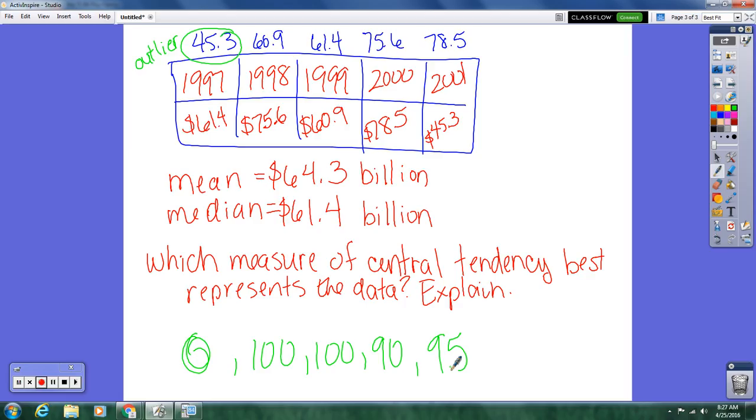If I do the median of these numbers, if I put them in order, is the median more representative of that total data set than the mean? Yes, because this outlier brings that average down, right? So when you have an outlier, such as this one right here, the outlier affects the mean.